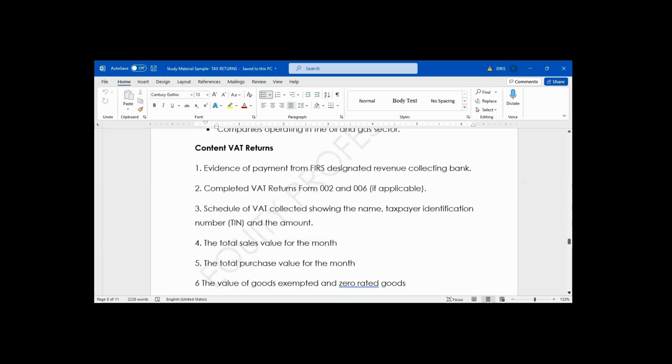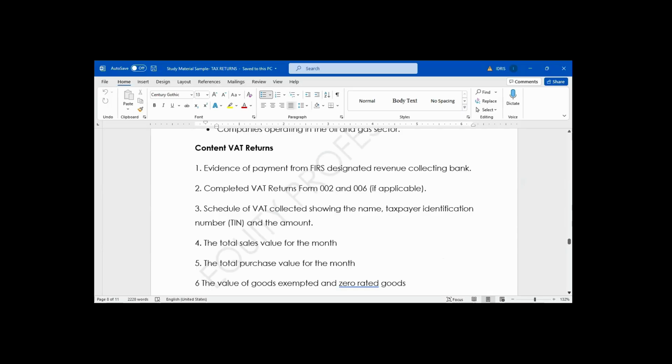Number one content of value-added tax return: completed VAT return form 002. That is number one content.